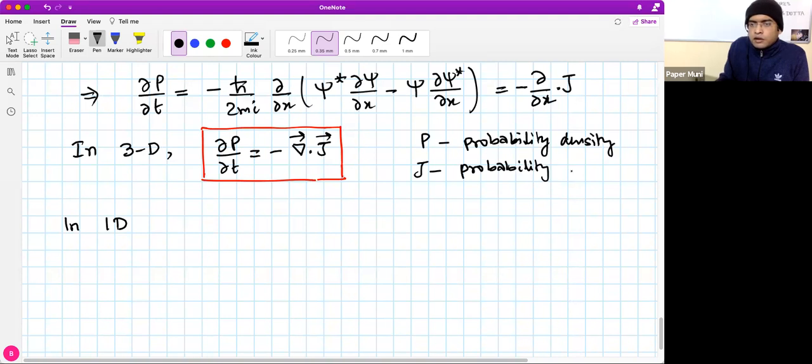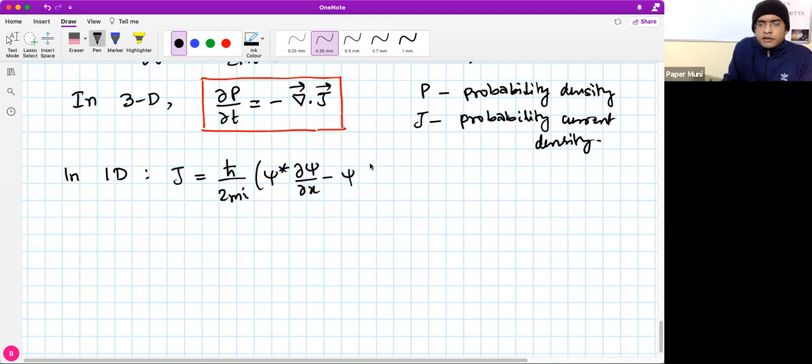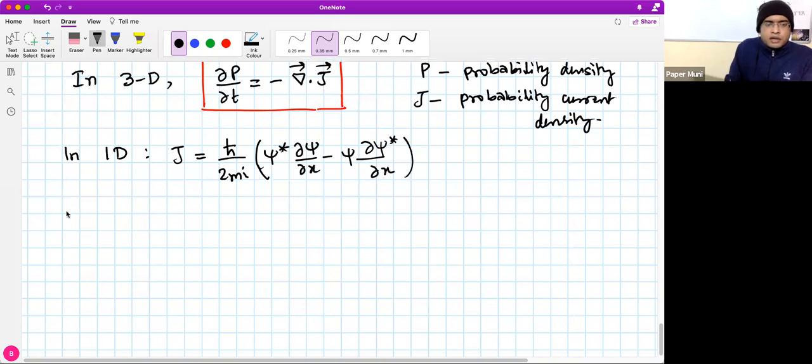Now in 1D, we have j is equal to h cross by 2m i, times psi star del psi by del x minus psi del psi star by del x.